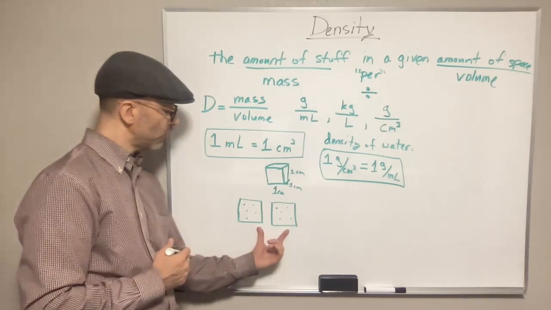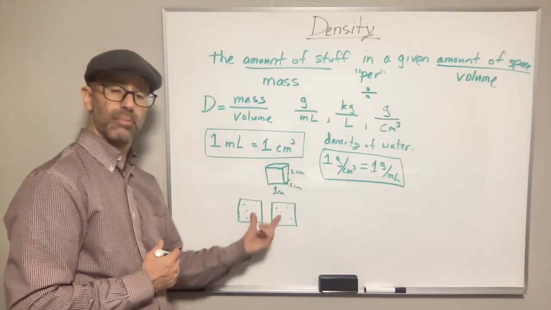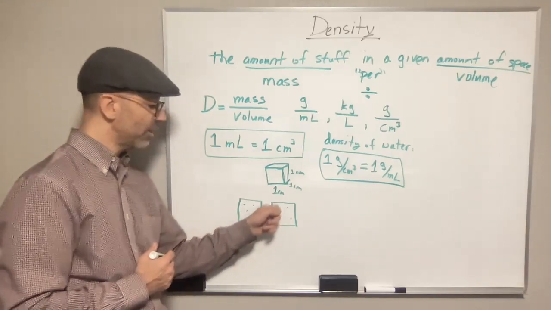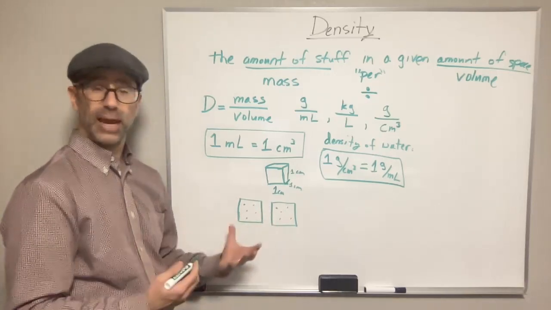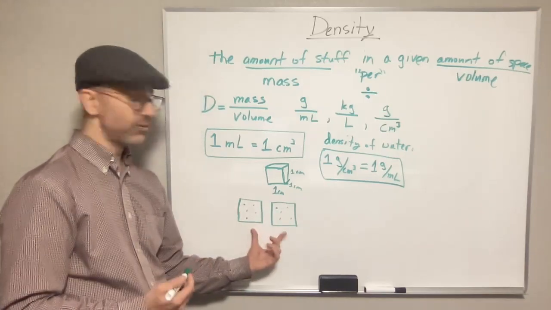So the volumes are the same, and the amount of particles in there is the same. Let's assume these are the same kinds of particles, therefore you have the same number of particles, same mass. So same mass, same volume, same density.